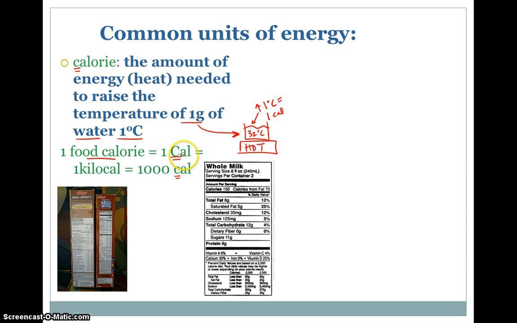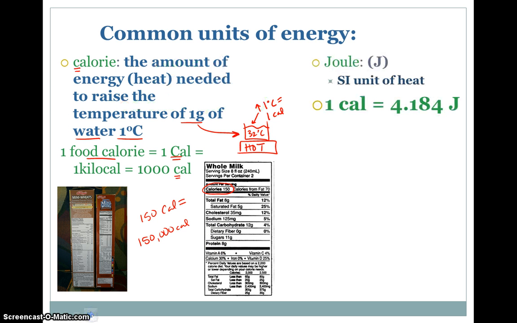If you see a capital C, it means food calorie. So here, this whole milk has 150 food calories. That means it would equal 150,000 of our chemistry calories. That could raise a lot of water, a lot of degrees Celsius.